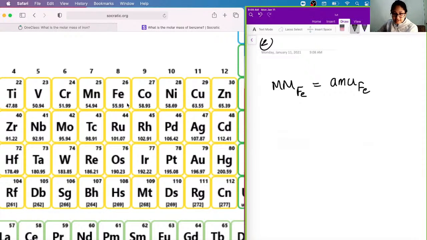You can say this is AMU or grams per mole, it's basically the same thing. So you can say that iron has a molar mass of 55.93 grams per mole.